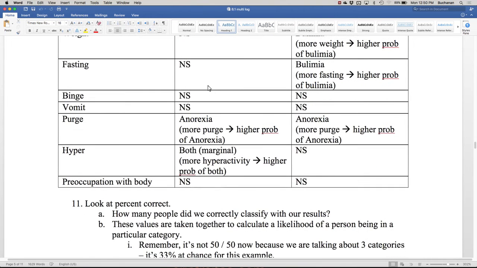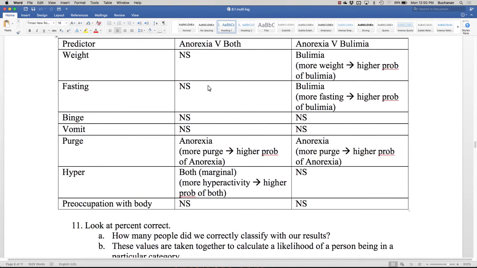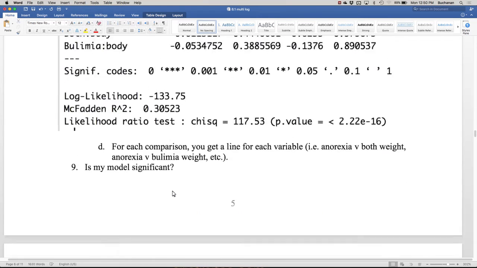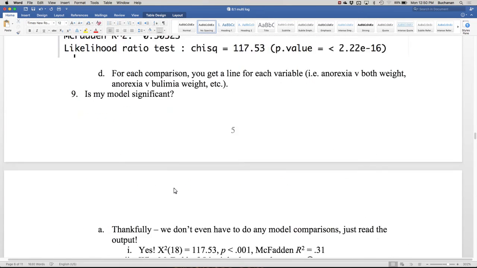So that's kind of what I tried to do here. Oh, I left body. Oh, I screwed this up a little bit. Here. So preoccupation with body weight is both. I think I skipped a line, right? Yeah.